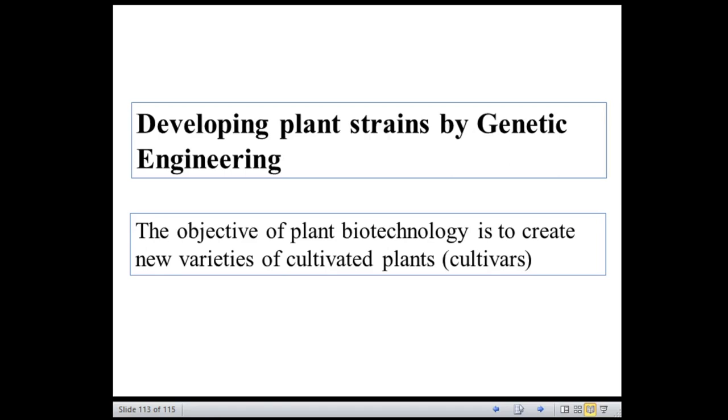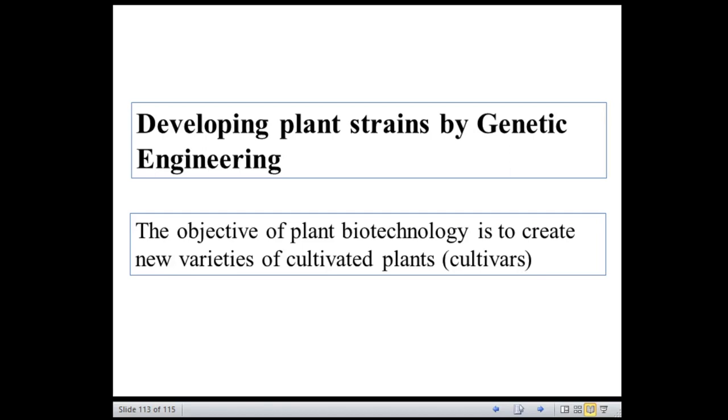So two main strategies have been used to confer resistance against insect predators. Number one, the first involves a gene for an insecticidal protoxin that is produced by one of several subspecies of the bacterium Bacillus thuringiensis.